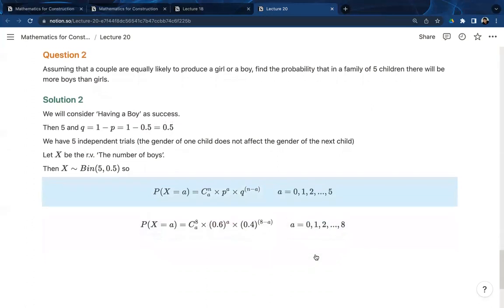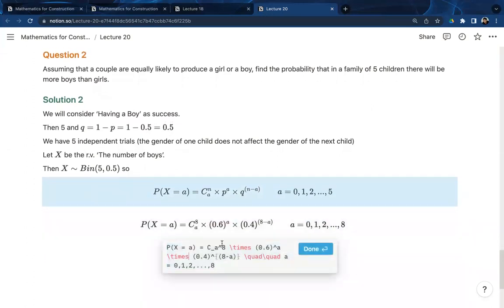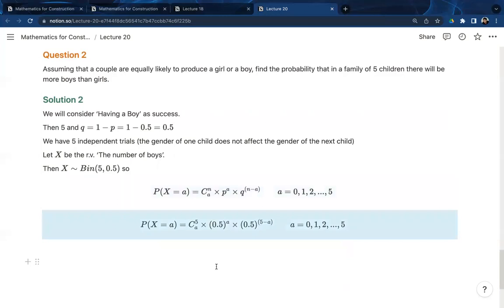So now we could substitute that in here. This is 5, 5, 5. Right, so 5 choose A, success to the power A, and failure to the power 5 minus A.